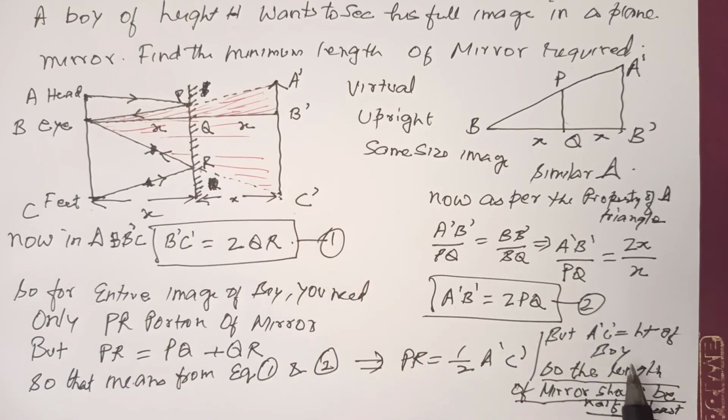A dash C dash is equal to the height of the boy, so the length of the mirror should be at least half of it.